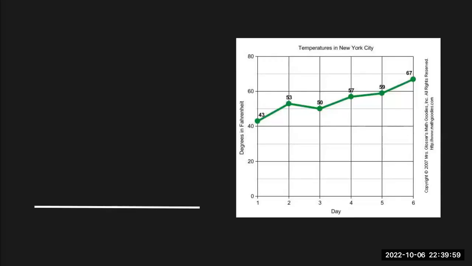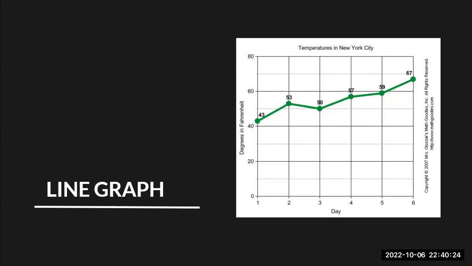Now, take a look at the graph. What type of graph is in the photo? Okay, so this is a line graph. You can see the line in the graph, the green one.